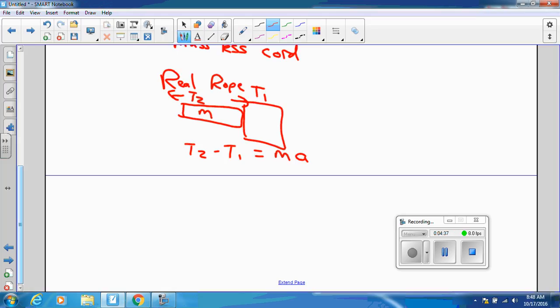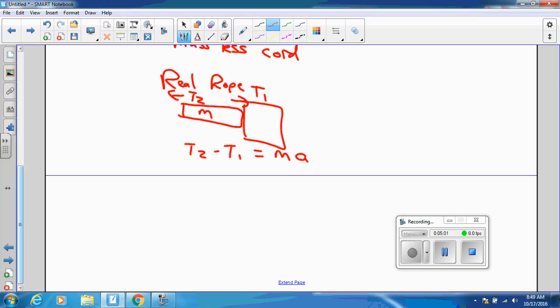If my rope is massless, notice that we would use 0 for M, in which case T2 minus T1 is 0, or T1 equals T2. So a massless rope must always transmit 100% of the force through it. T on one end will be equal to T on the other end, regardless of its acceleration.